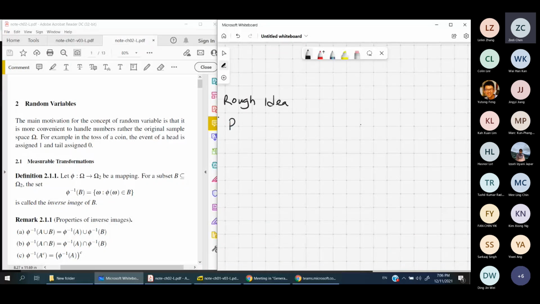It's something we assign to each outcome a value, a number.